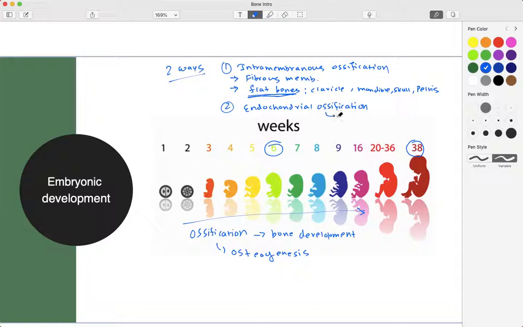Endochondral ossification is going to give rise to other bones, except flat bones. In endochondral ossification, bone develops from hyaline cartilage.